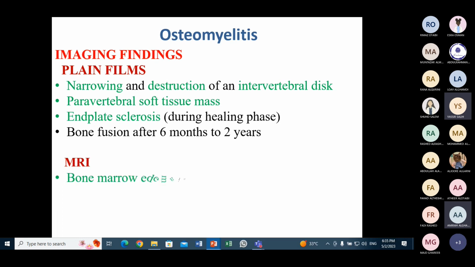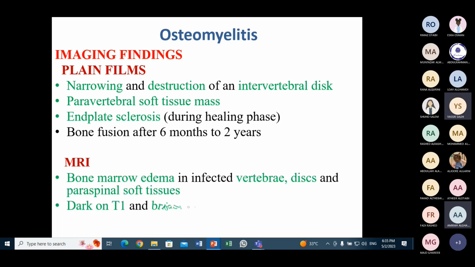On MRI we have bone marrow edema in acute osteomyelitis. As we said, infection in general affects the disc spaces, so it affects the disc and the paraspinal soft tissue.